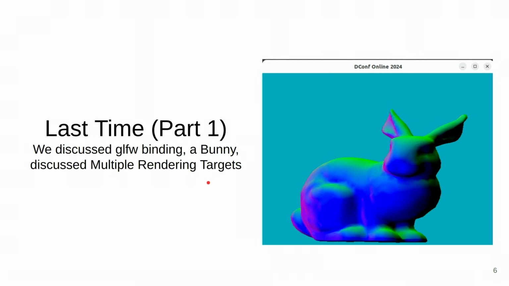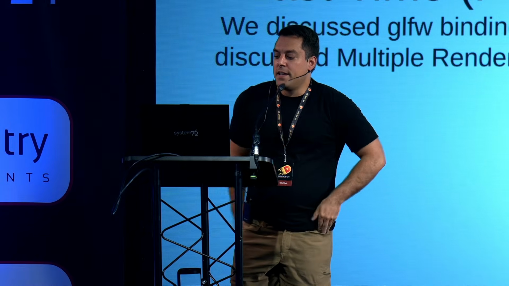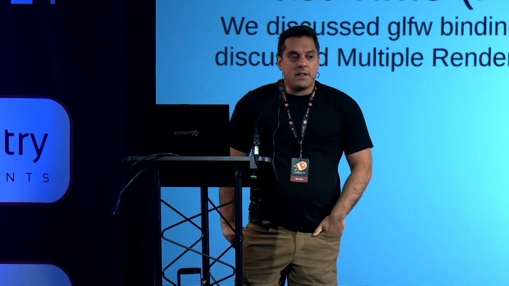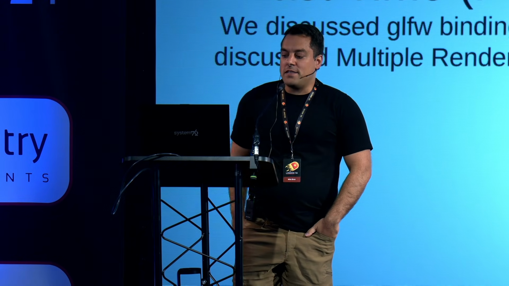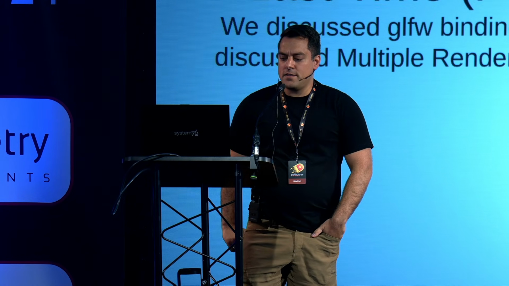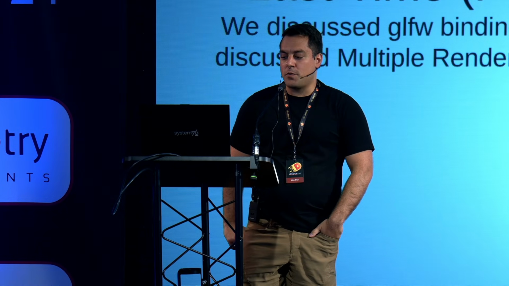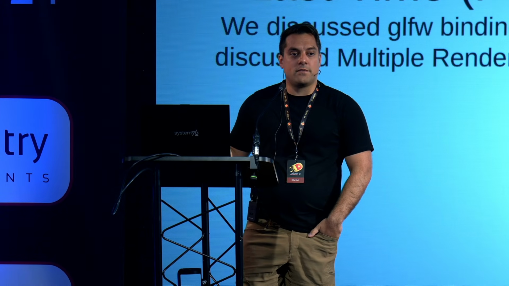Last time I talked about some graphics, and the standard thing to do is use an API like OpenGL or maybe Vulkan or Metal or Direct3D these days, and render some object like this. We discussed some of the bindings that are available, GLFW, rendering a bunny in the object format, and using other techniques like multiple rendering targets if you want to do deferred rendering.